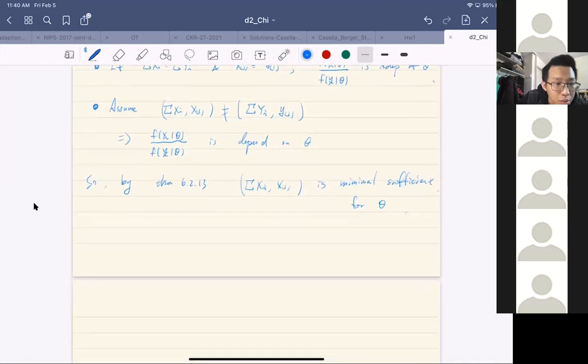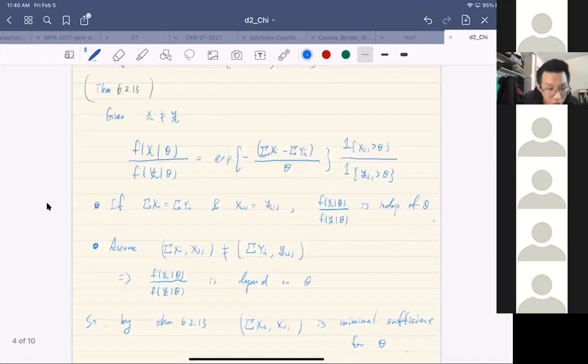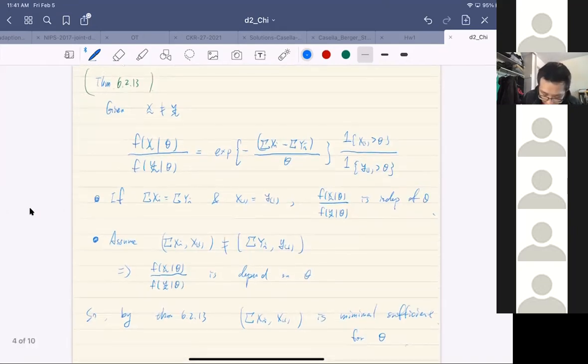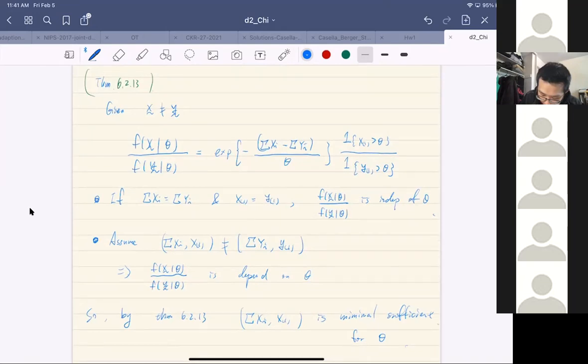Eh? Let me think. Lots of dependence on theta. I don't think it's minimal sufficient. I think it's sufficient, but you can have the ratio not depend on theta without the order statistics being equal.